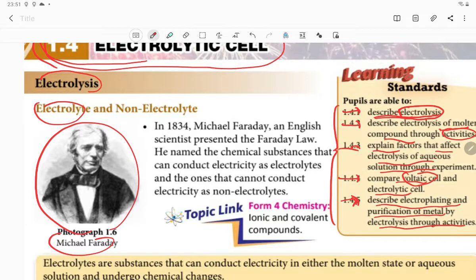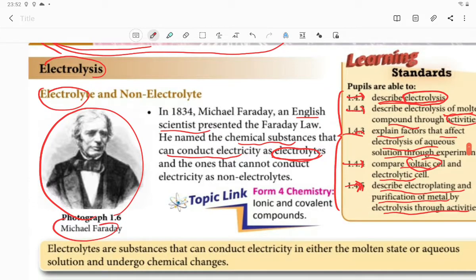He is an English scientist who presented the Faraday law. He named the chemical substance that can conduct electricity as electrolytes. Okay, substances that conduct electricity, electrolytes. And the other substances that cannot conduct electricity as non-electrolytes.